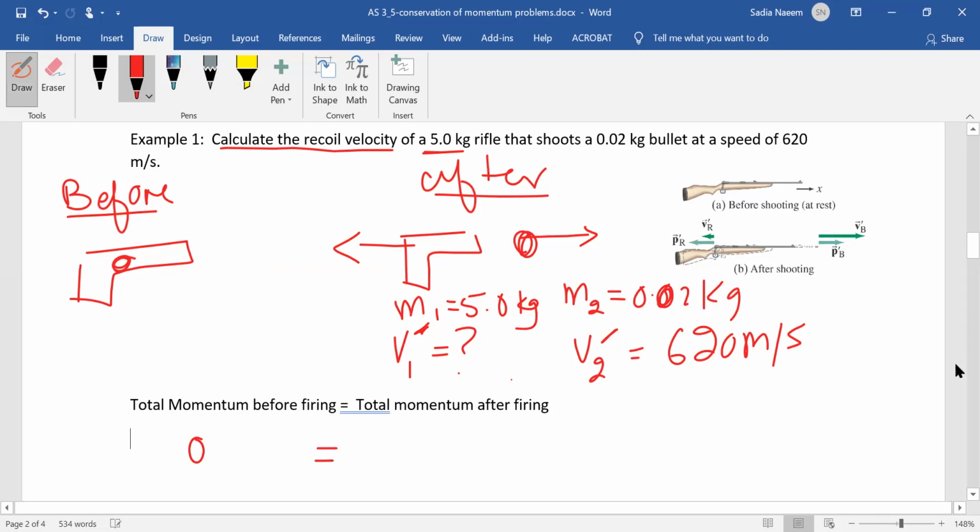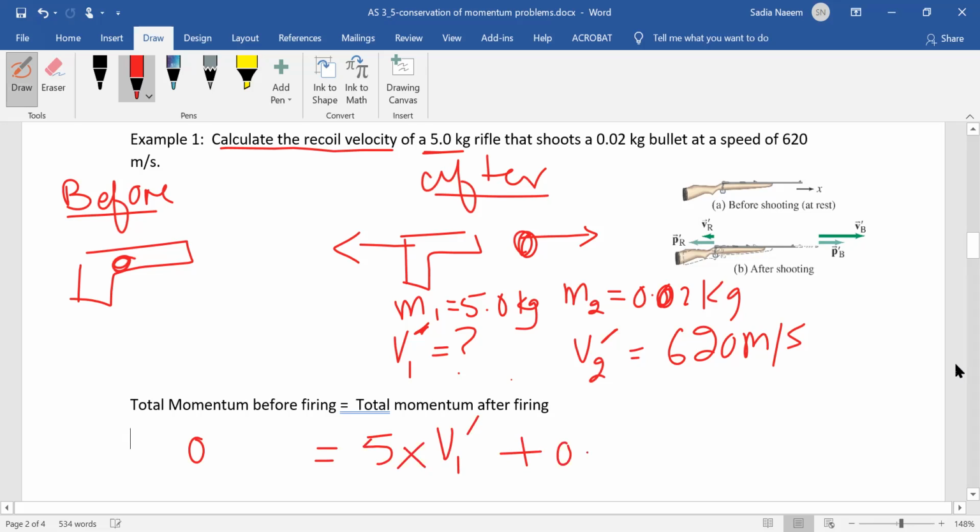These types of problems are easy. The explosion problems are the easiest ones because one side is just 0. The other side, let's calculate the total momentum. What's the momentum of the rifle? That's the mass of the rifle times the velocity of the rifle. So the mass of the rifle is 5 times the velocity of the rifle, V1 prime, plus the momentum of the bullet, which is the mass m2 times v2 prime, right?